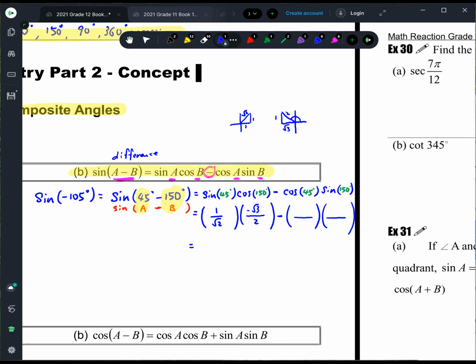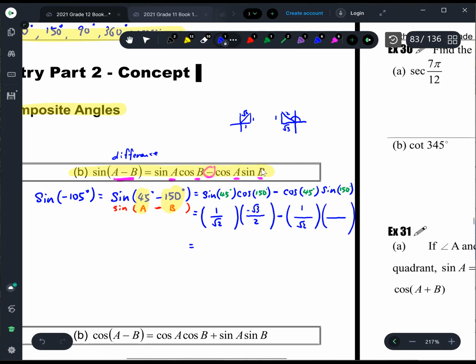Can you tell me your answer? One over root 2. Okay, very good. 1 over root 2. And then one more, Marcus.